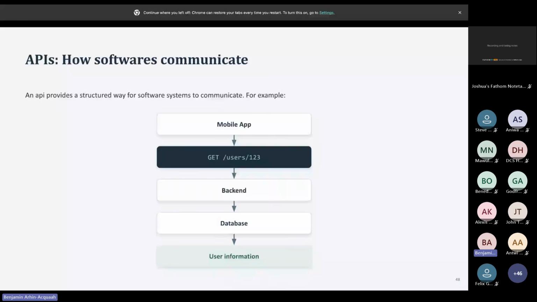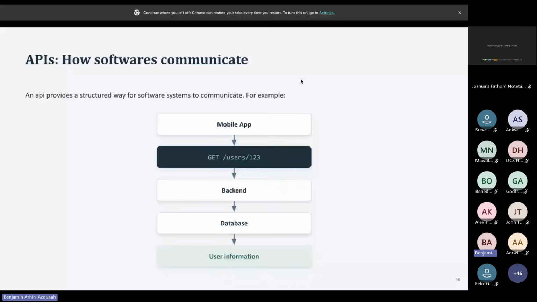There are several others, we call them HTTP verbs. So there are more of them, but these are the very common three that you may be interacting with.